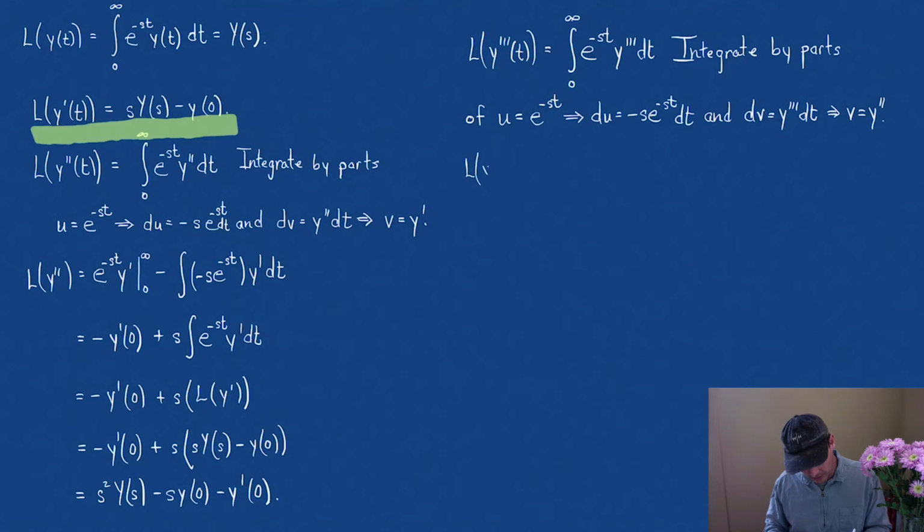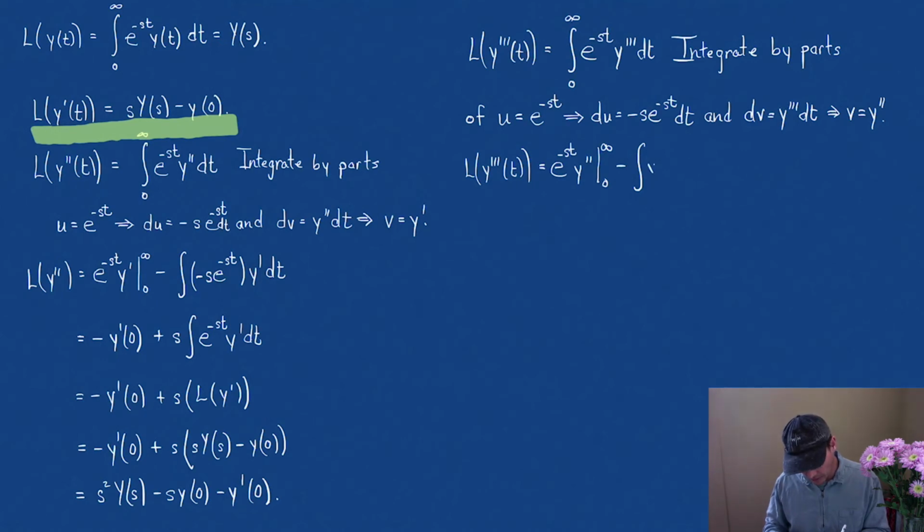So let's try this. The Laplace transform of y triple prime of t is equal to u, that's e to the minus st, times v, which is y double prime, with our limits of integration from 0 to infinity, minus the integral of v du.